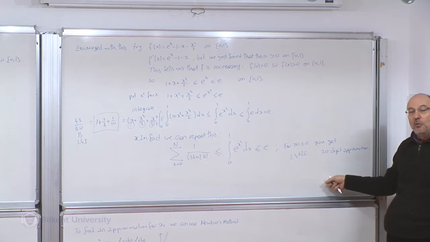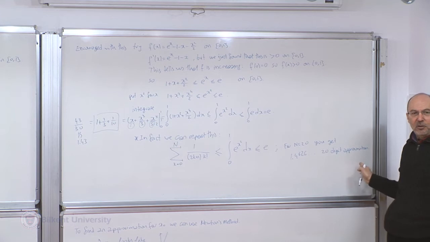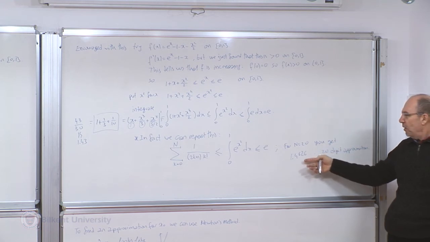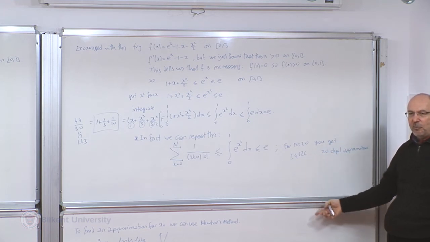Whatever is happening on the right, you believe that it will never affect it. There is a way to check that what happens after the 20th digit will never accumulate to anything on this part, but we'll do these things next semester. So at this point, I just believe that if the first 20 digits are the same from some point on, that's the answer.